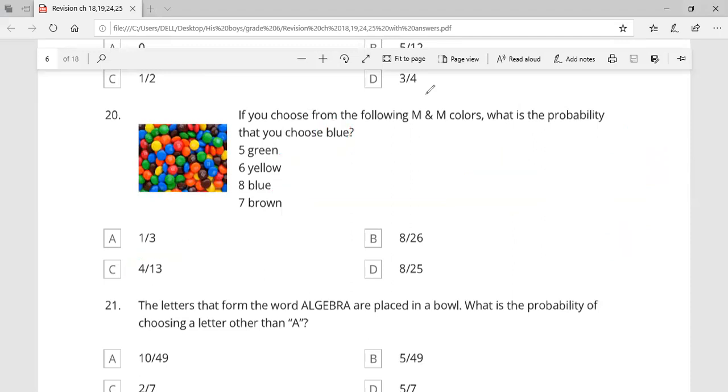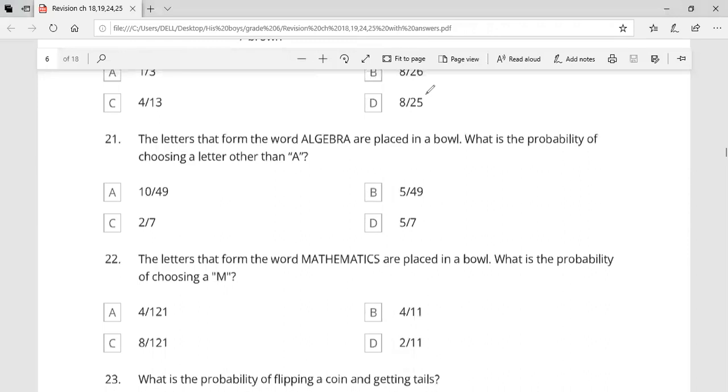The next one, number 21. Here is again the probability, the letters that form the word algebra.